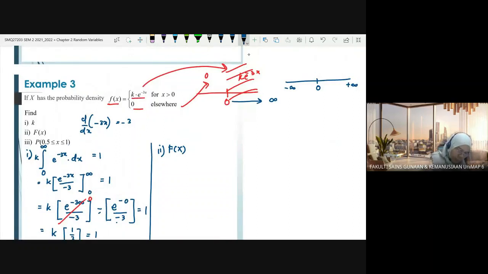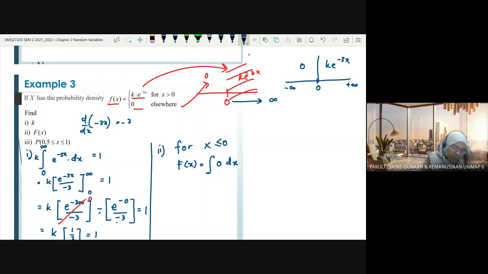So we are going to continue with looking for x less than or equal to 0. For x less than or equal to 0, F(x) is given by, greater than 0 is ke^(-3x), less than 0 is 0. So less than 0 is 0.